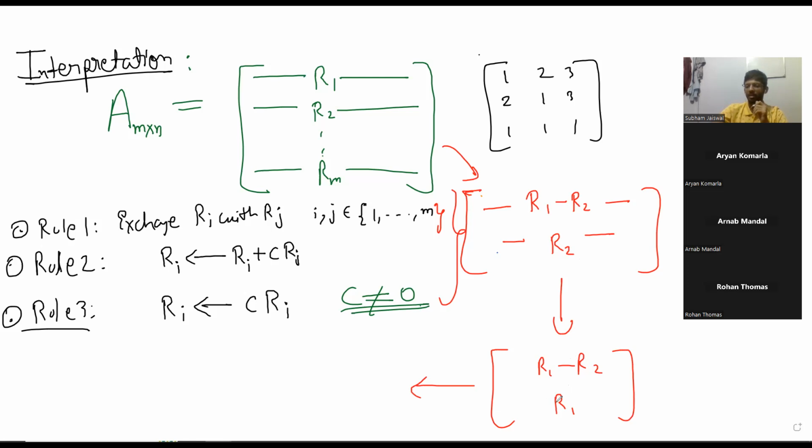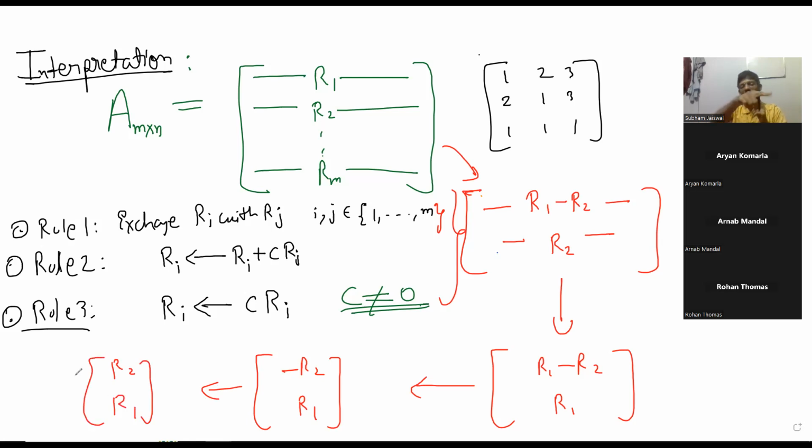You subtract this row from the first row, and then you get minus R2, R1. Then you do rule 3. You can't just apply rule 2, right? So rule 2 is needed, and you apply rule 3. I'm not writing it, I'm just saying. But yeah, you can effect rule 1 by using this.